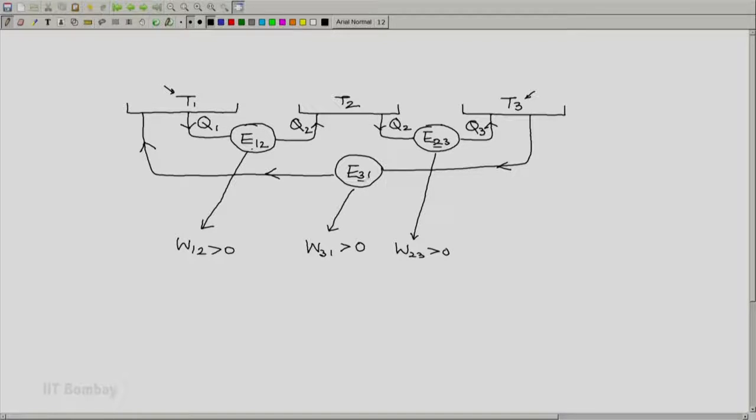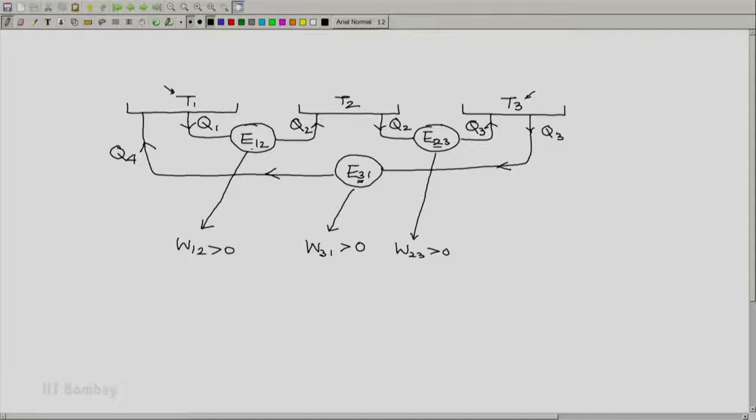And let us adjust this engine E31 such that it absorbs Q3 from the reservoir at T3 and rejects, say, Q4 to the reservoir at T1.